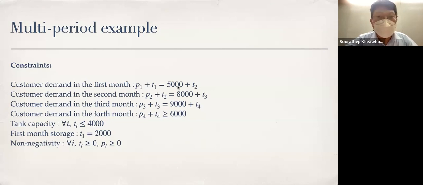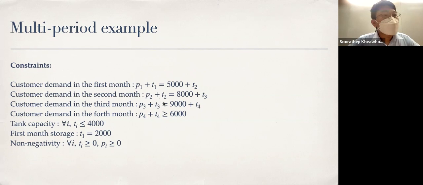The 5,000 here is the demand, because 5,000 liters of oil will be sold to our customer, and the rest becomes T2. You see that P1 plus T1 must be 5,000 plus T2.